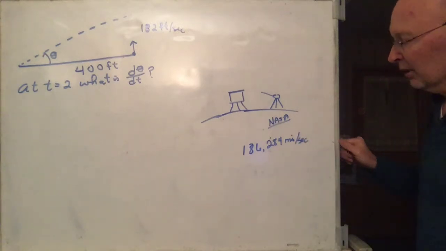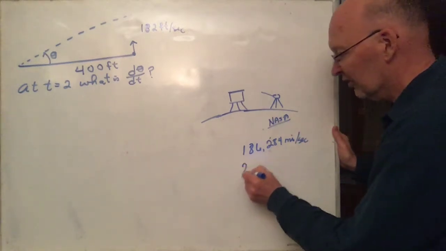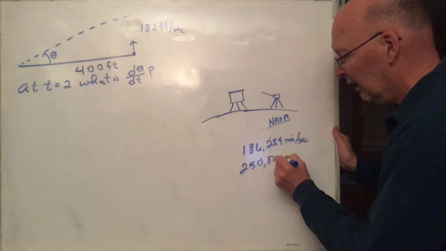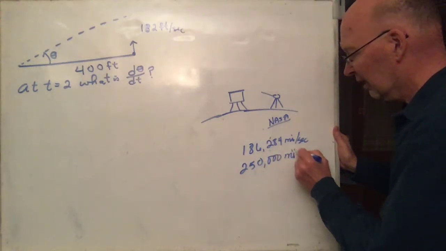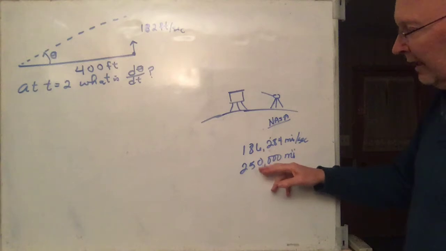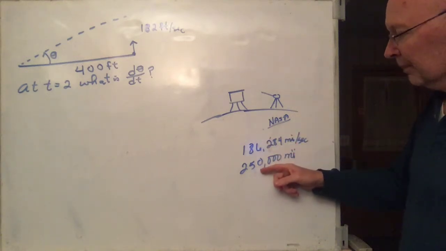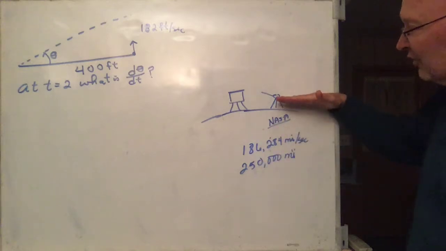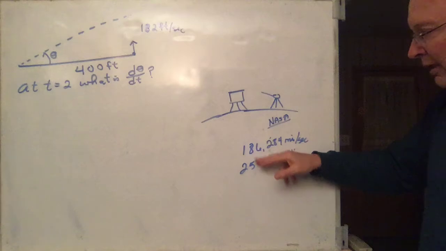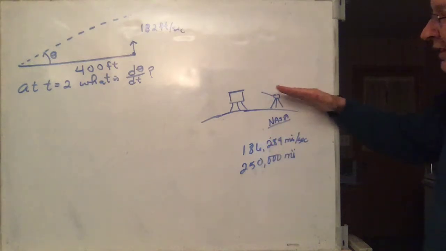Okay, I believe is the number. And the moon is about 250,000 miles from Earth. So in other words, even if you send a signal to this camera to start raising the camera up, it's going to take over a second, maybe roughly a second and a half, in order to get there.